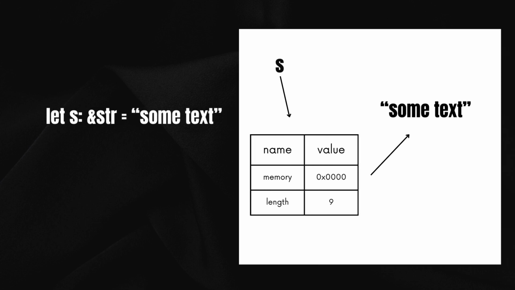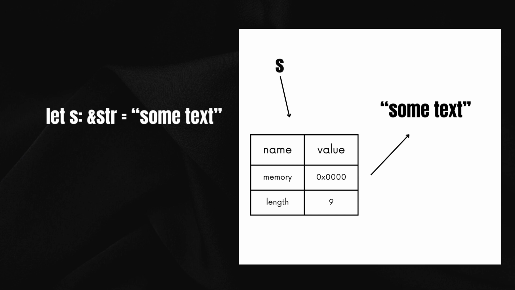On the other hand, a string reference does not require its own memory allocation. Instead, it's just a borrowed reference to an existing String or a static string literal. This means that it does not have ownership of the data that it refers to. It's more like a pointer and a length pointing to a section of memory.